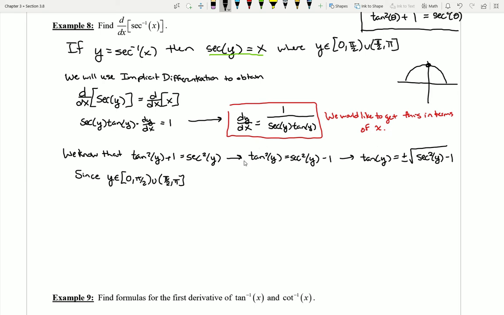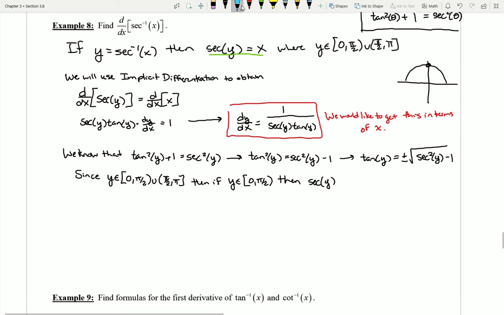Okay, first off, we can see here that if y specifically falls in this first quadrant portion, from 0 to pi over 2, then the secant of y is going to end up on this portion of the picture.